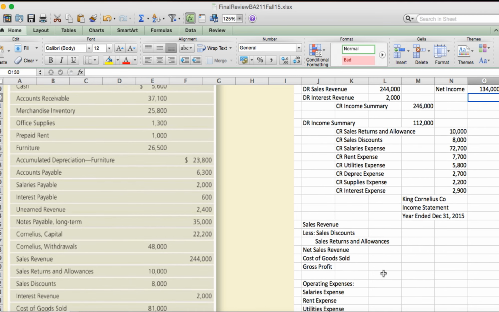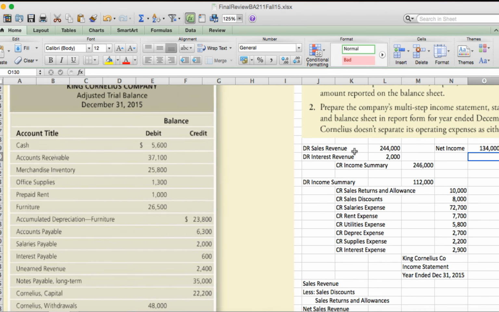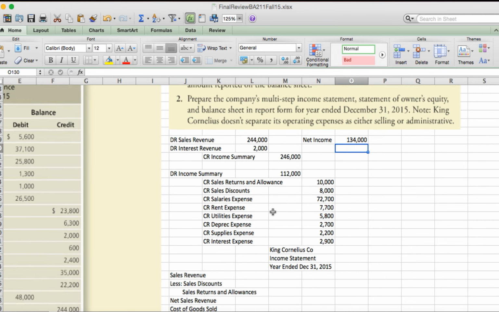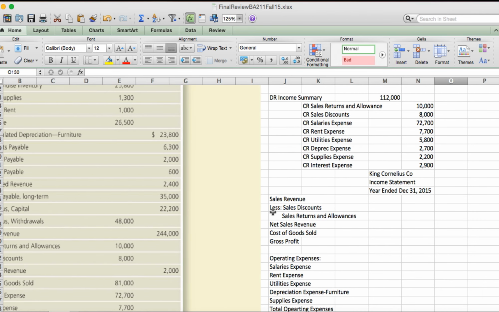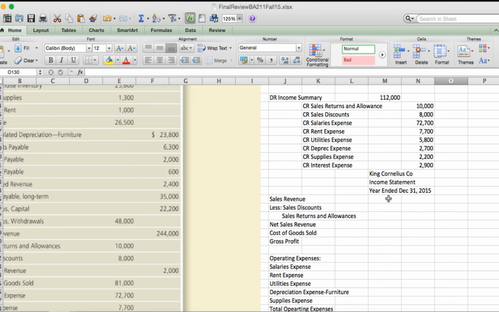Okay, so to do that, we want to start filling out this income statement. But I think it asked us also to close, let's see here. I'll just wait on that one. Okay, so sales revenue, already looked at that. That was given to us here, $244,000. So I plug that in there.